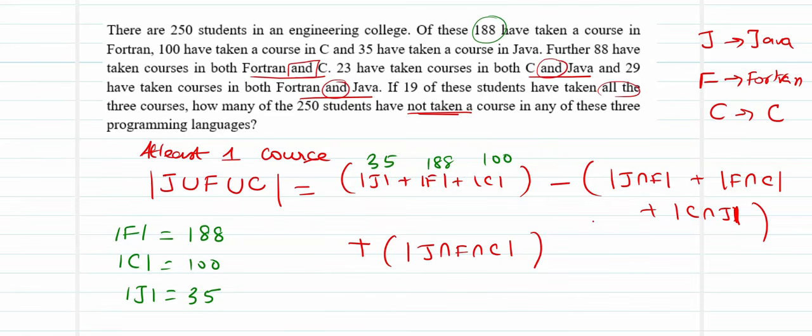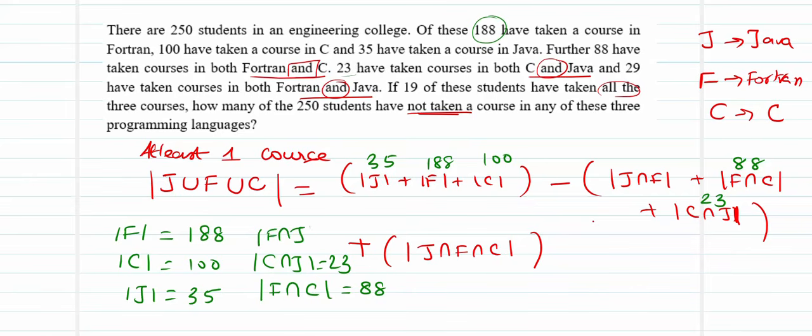The next case: 88 have taken a course in Fortran and C, so F intersection C I am replacing with 88. 23 have taken a course in C and Java, so C and Java is 23. 29 have taken both Fortran and Java, so Java and Fortran I replace with 29.